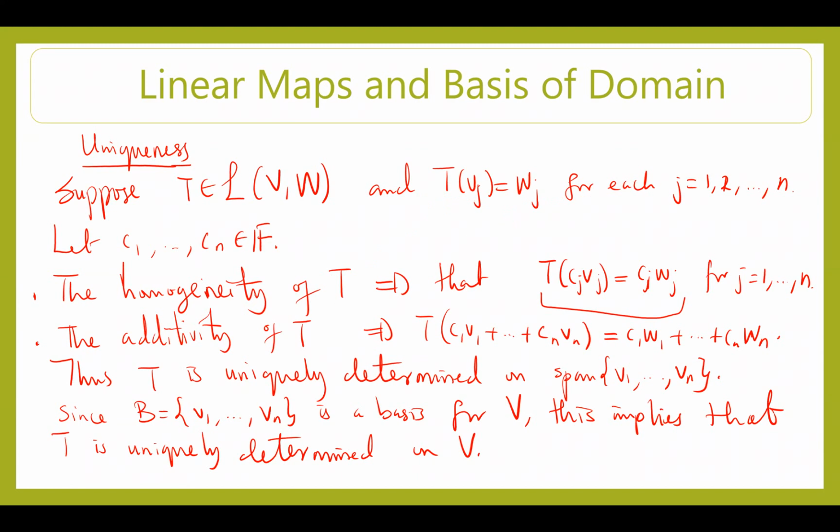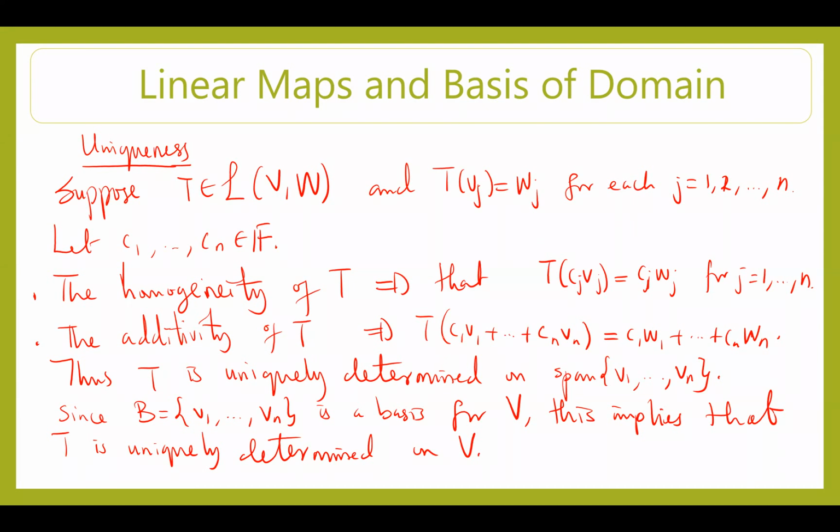If I have all the c's as scalars, the homogeneity property of T allows me to do this, okay? And then the additivity property of T allows me now to extend it to the entire linear combination. So it makes sense to give T in this form, okay?